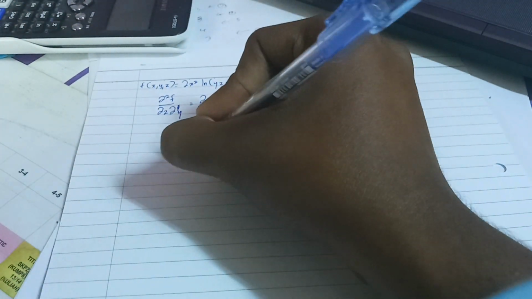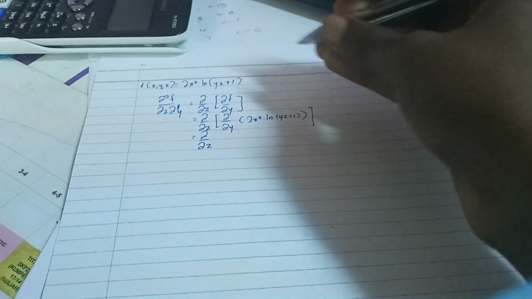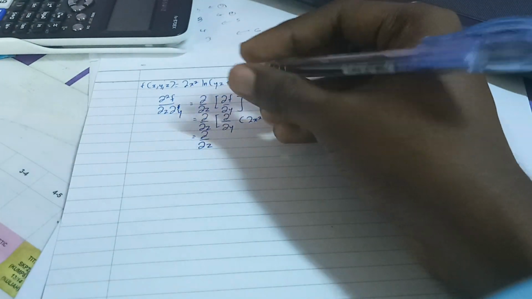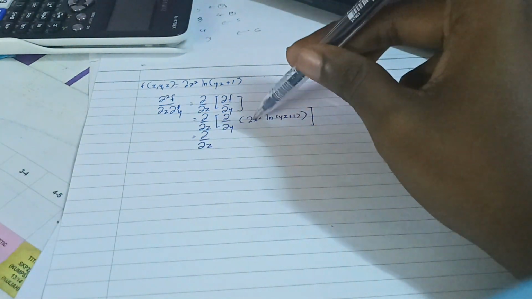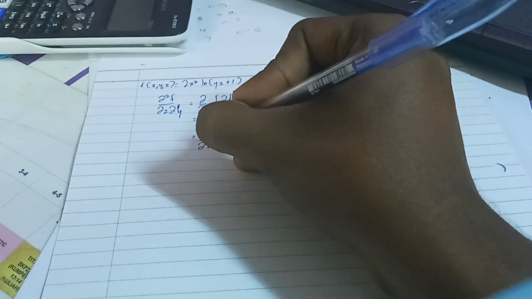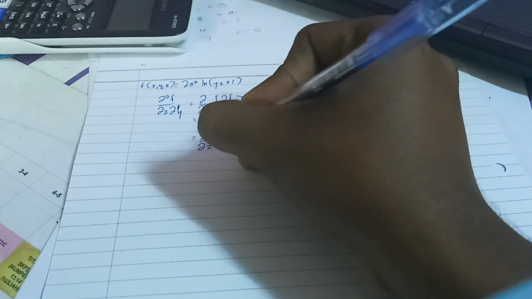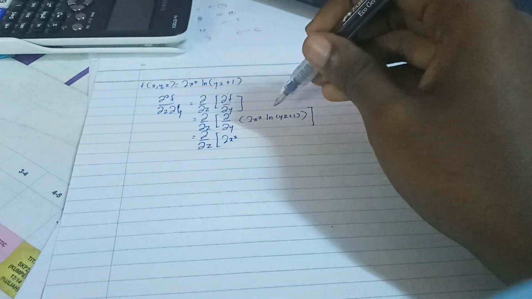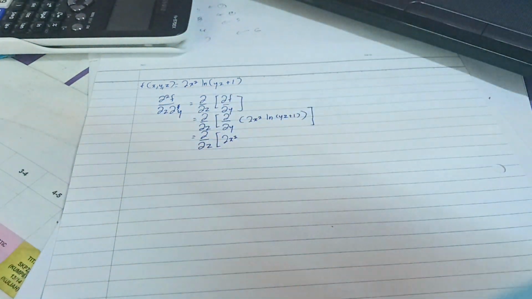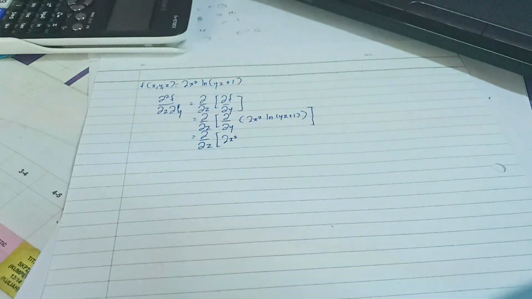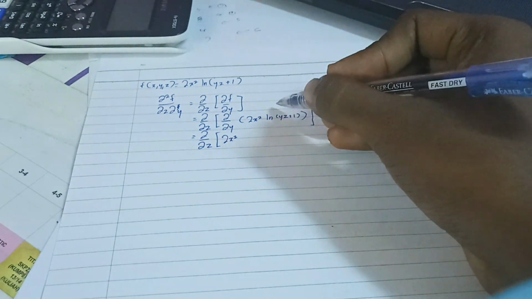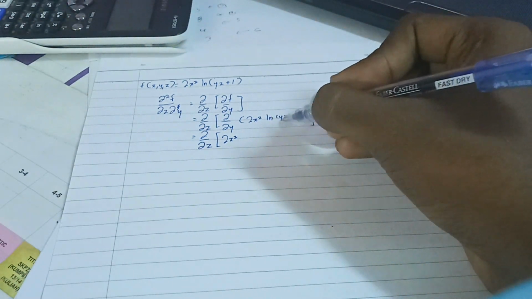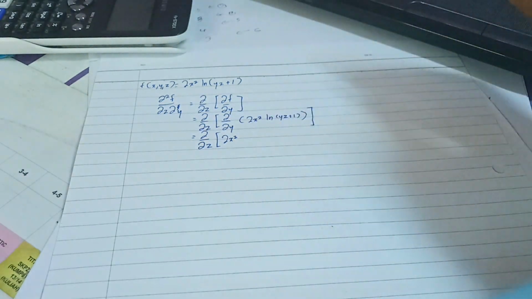So we'll get delta over delta z times, we have to take out the 2x squared because it has no y value here. So 2x squared, and if we derive ln of a function, we get the derivative of the function at the numerator, and the function itself becomes the denominator.